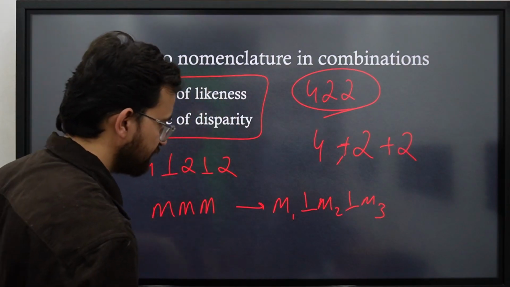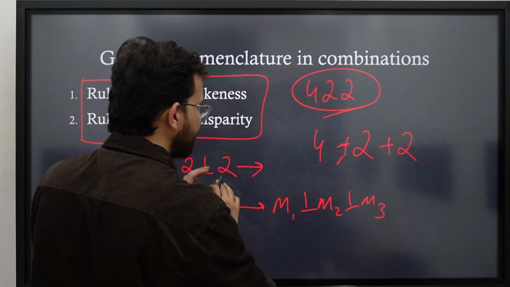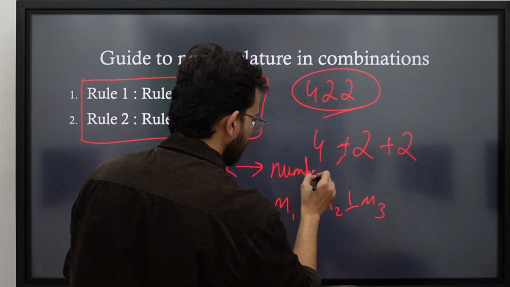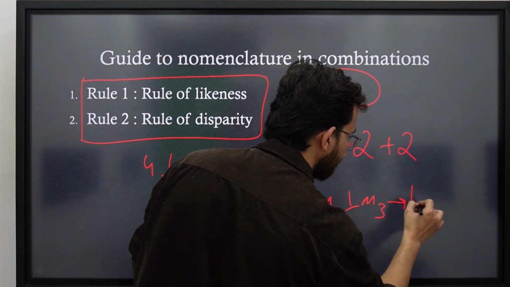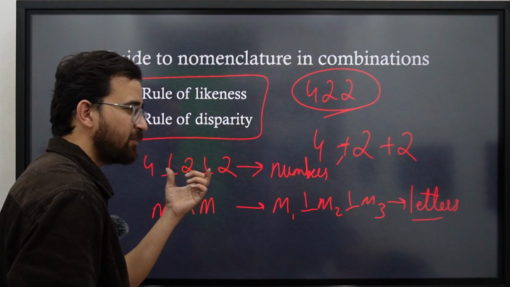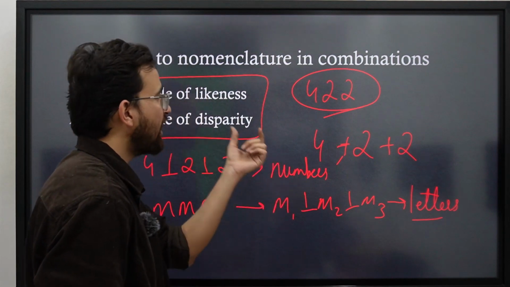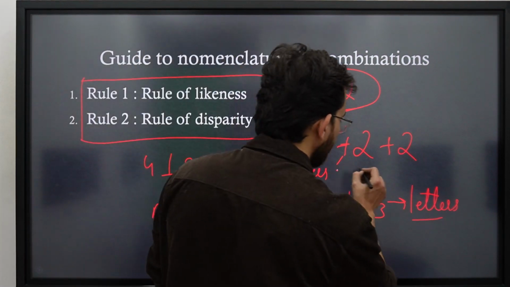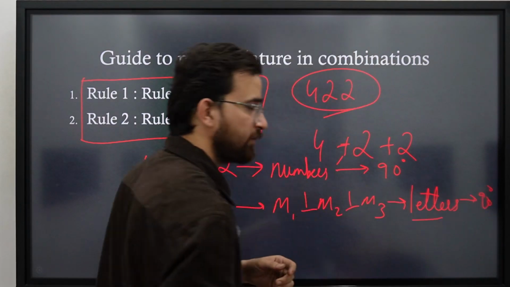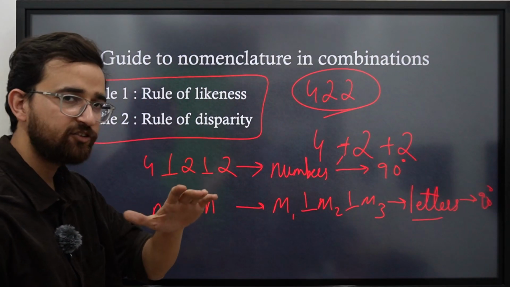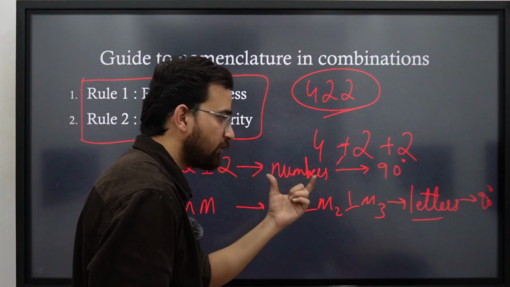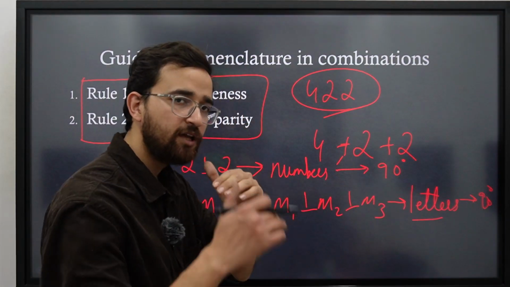The rule of likeness suggests that if you have written a combination of numbers, or a combination of letters, that means you have a combination of the same things. All of them are numbers, or all of them are letters. So if you have likeness, the angle should be 90 degrees. Okay, this was clear from our earlier discussions as well. If you had the same things, either numbers or letters, the angle between them is exactly 90 degrees.